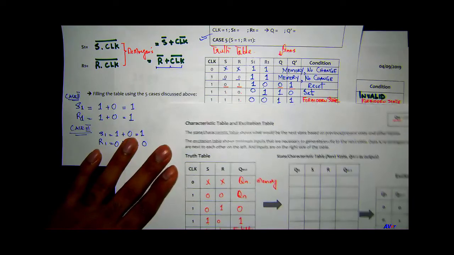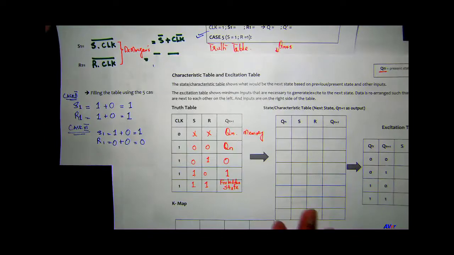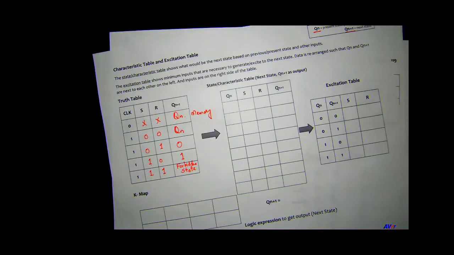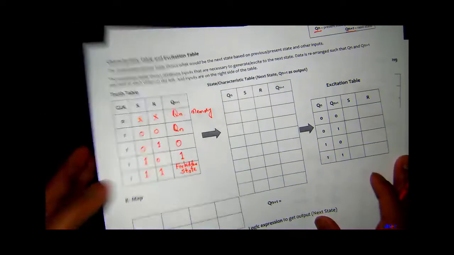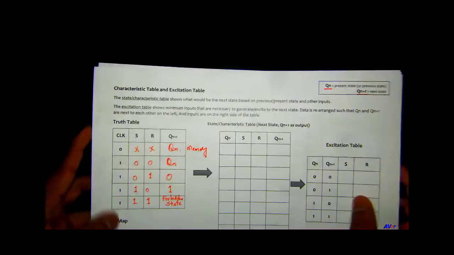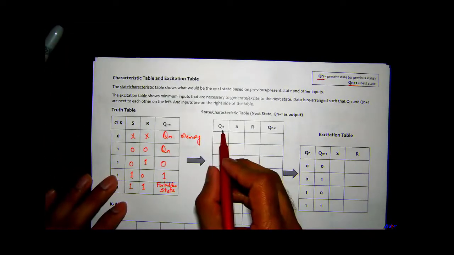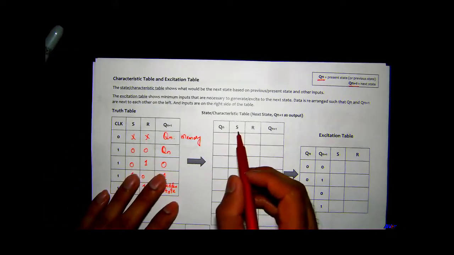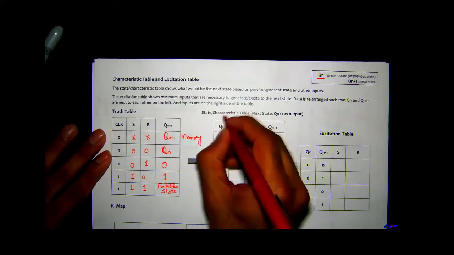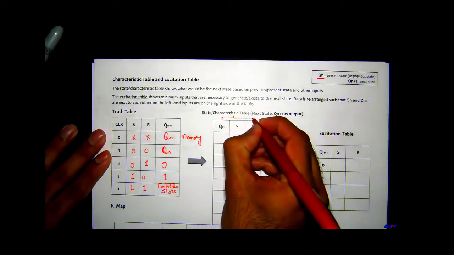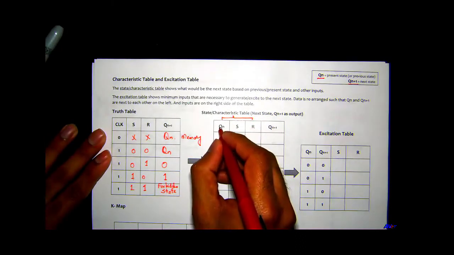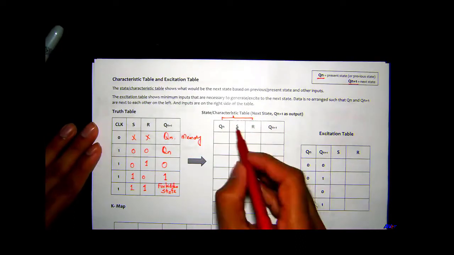Okay, once we have the truth table, folks, using the truth table, we can actually derive the state table or the characteristic table. Remember, in the characteristic table, you're going to have your present or previous state right next to your inputs. So these are the inputs right here. This is the previous state or present state, and these are the inputs.